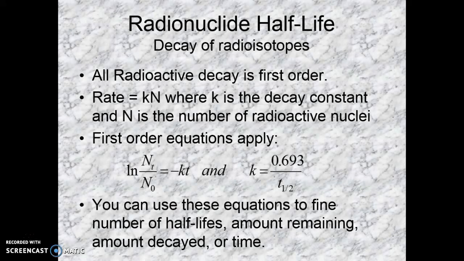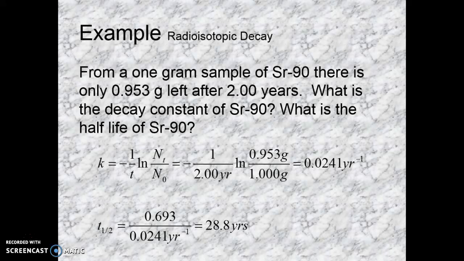You can use these equations to find numbers of half-lives, the amount of material remaining, the amount of decayed material, or the time. So for example, from a 1 gram sample of strontium-90, there's only 0.953 grams left after 2 years. What's the decay constant? What's the half-life? So k is equal to negative 1 over t times the natural log of A over A naught.